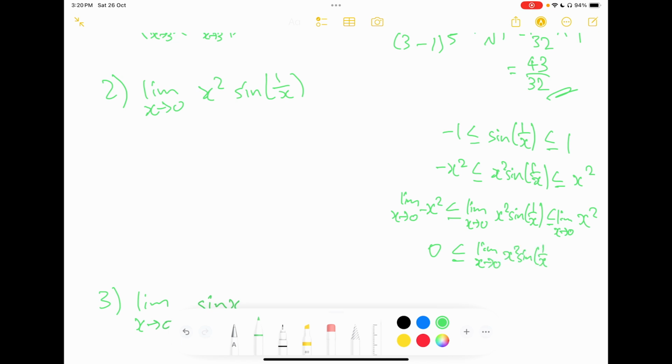So using the squeeze theorem, we have figured out that there's only one value between 0 and 0 inclusive, and that is 0. Therefore, the answer is 0.